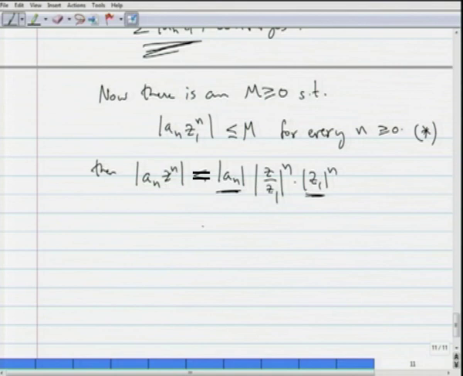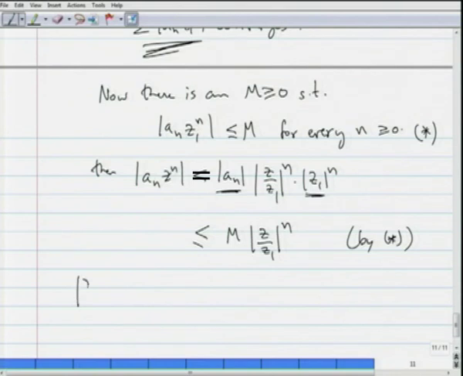And I will club the modulus of a_n and the modulus of z_1^n and use this star here to say that this is less than or equal to M times the modulus of (z/z_1)^n. By star. So, since the modulus of z is less than the modulus of z_1, the modulus of z/z_1 is less than 1.